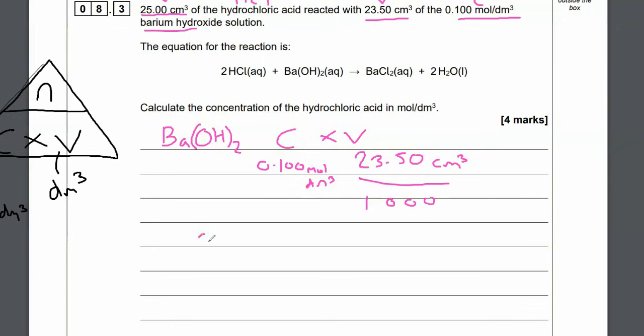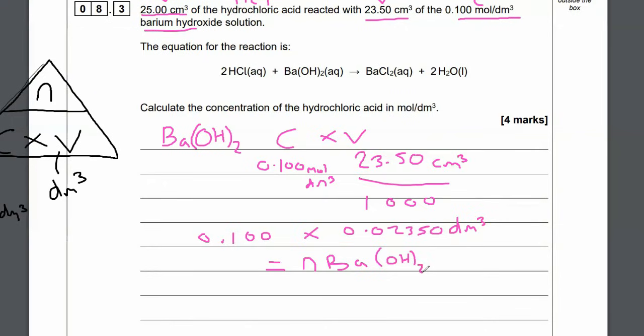And what you can do with these titrations is just add 2 zeros in front of the centimeters rather than bothering to divide, and then you get 0.02350, and we change that to decimeters. So now multiply those together and we're going to get N for Ba(OH)2.